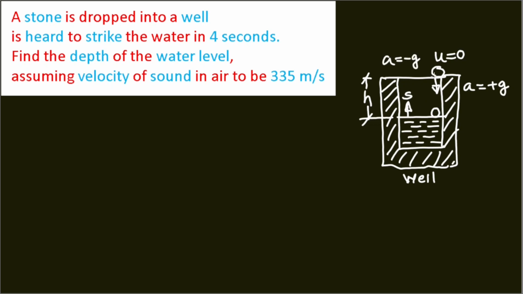Suppose the time required for the stone to travel the height h is t1, and that required for the sound to travel upwards be t2, and we are given t1 plus t2 to be 4 seconds.